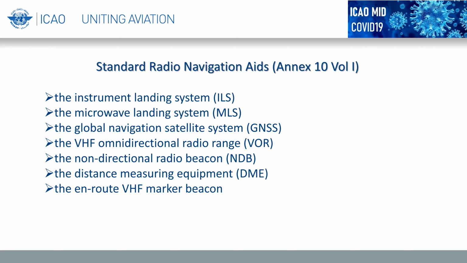In the MID region, we agreed that NDB should be rationalized based on need and equipage. Furthermore, the MIDANPIRG 12 meeting urged the states to plan for a complete decommissioning by 2012. Then we have the distance measuring equipment, DME, and the VHF markers.